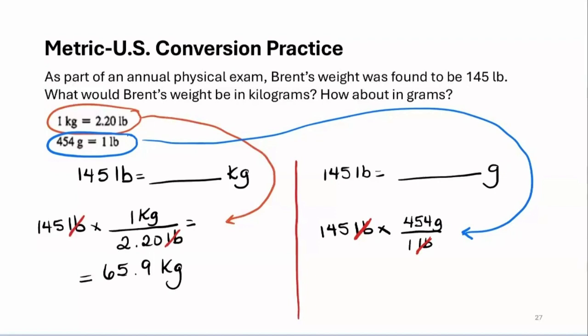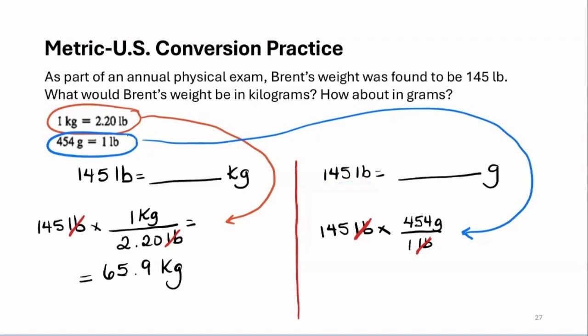So if I take 145 and multiply it by 454, I can see that my calculator display at first shows me the digits 65830, meaning 65,830. What determines what my final answer is going to be is the number of sig figs that we have here.